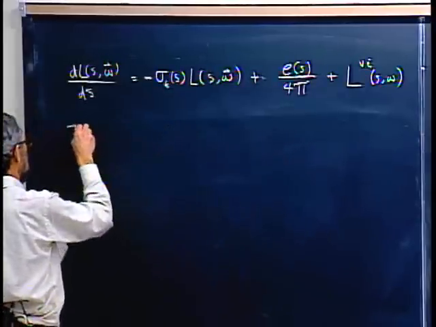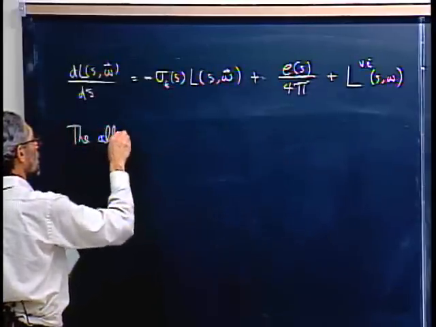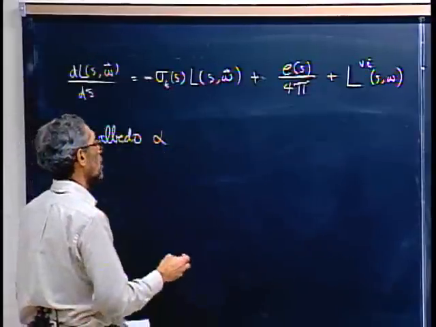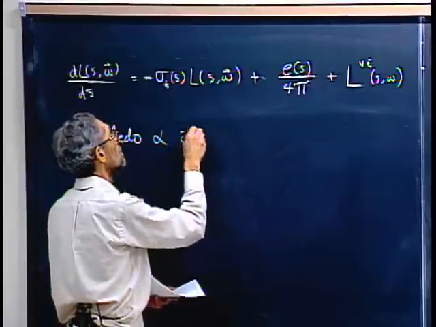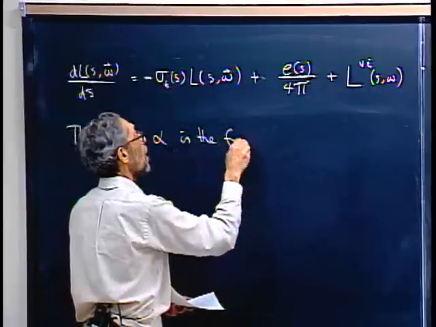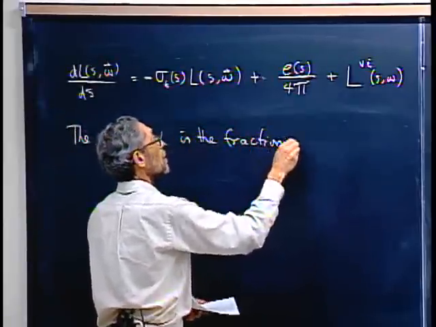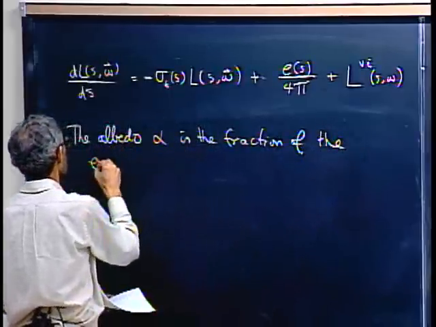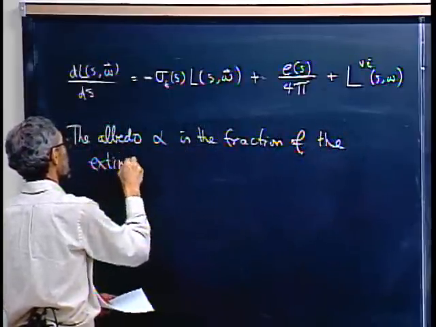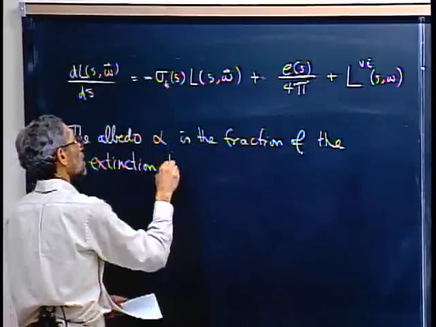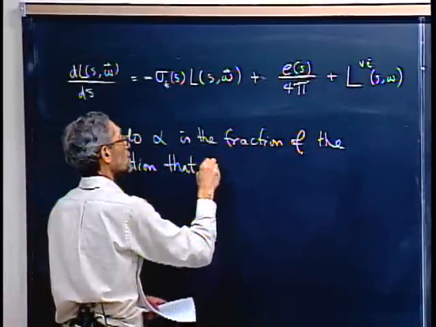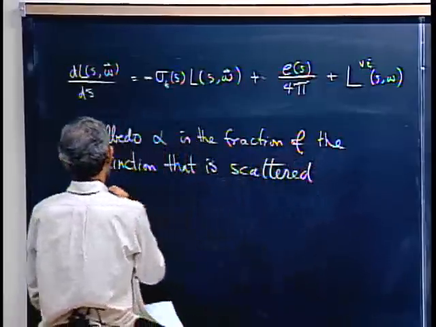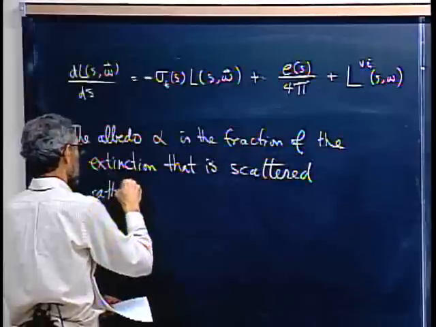The albedo, I'm calling it alpha to be consistent with the book, because other people call it A, is the fraction of the extinction, which is what's removed from the direct ray, that is scattered rather than absorbed.